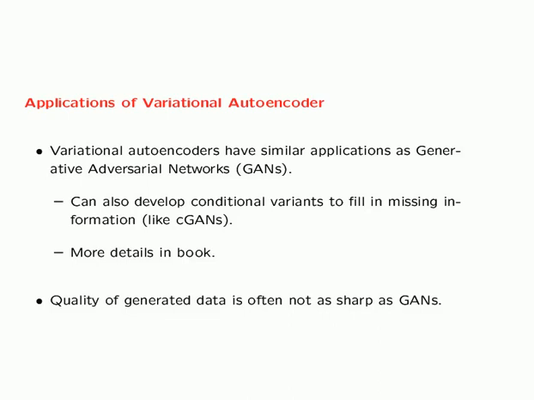You can use them to fill in missing holes in images. You can use them for image to text translation, text to image translation. The details of all these different types of applications are discussed in the book. But in general, generative adversarial networks tend to give you higher quality results as compared to variational autoencoders.